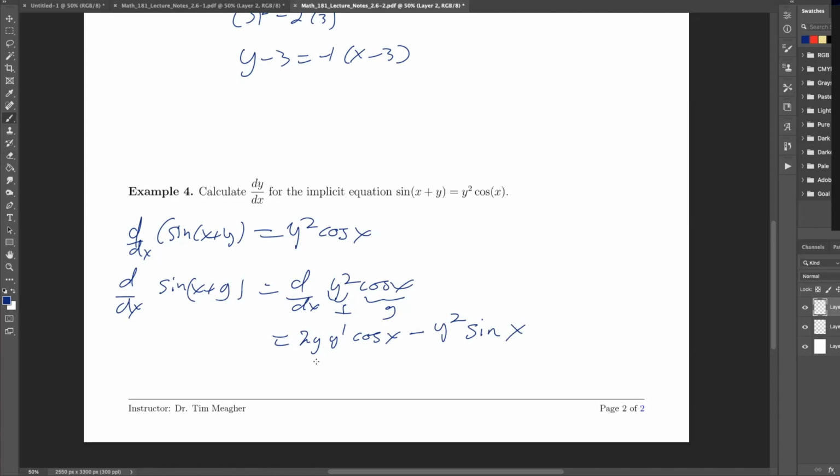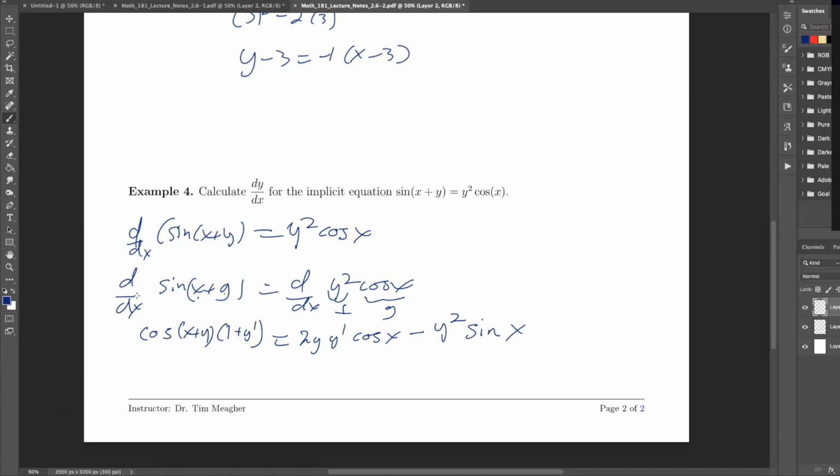All right. And let's take the derivative here. So here sine turns into cosine, cosine of x plus y. And then we're going to take the derivative on the inside. Well, the derivative on the inside, this with respect to x is 1, this with respect to x is plus y prime.